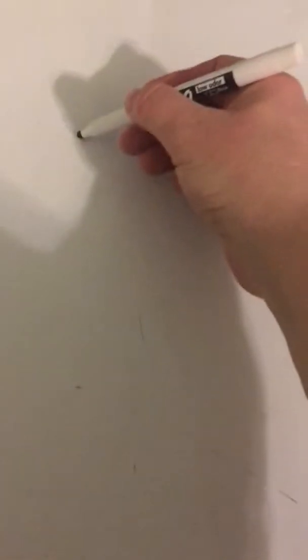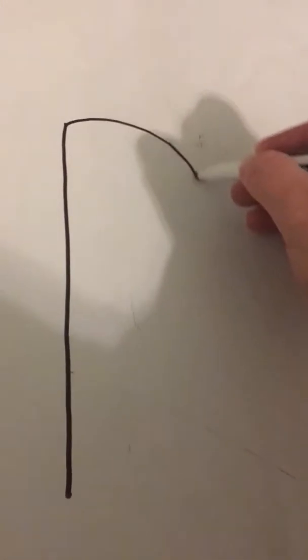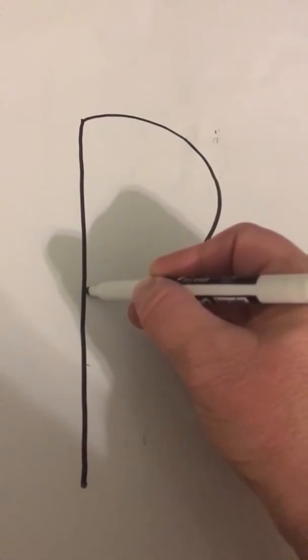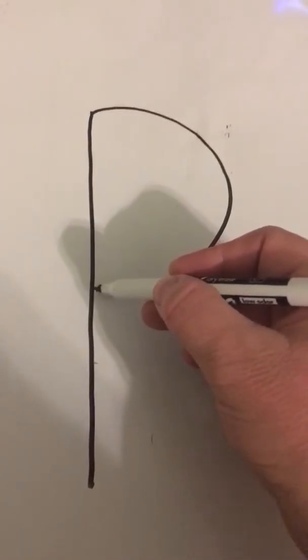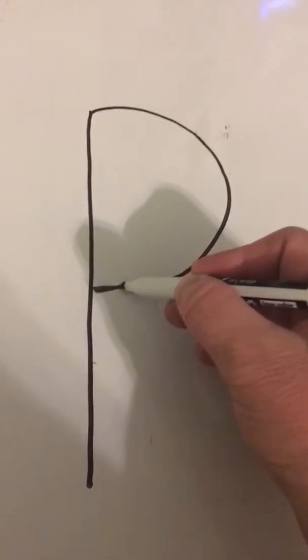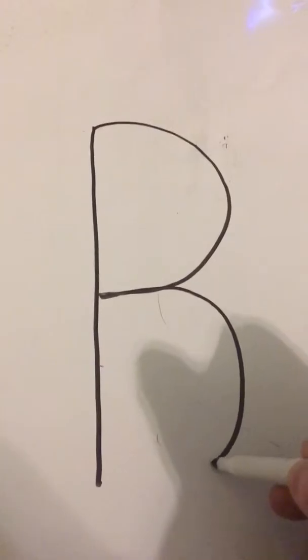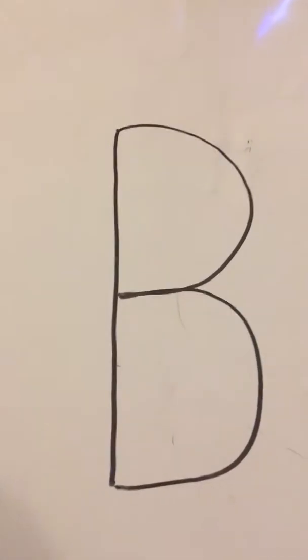The next frog jump has one big line and two little curves. One curve goes from the top to the middle. Keep your writing hand down and just make one more curve from the middle to the bottom.